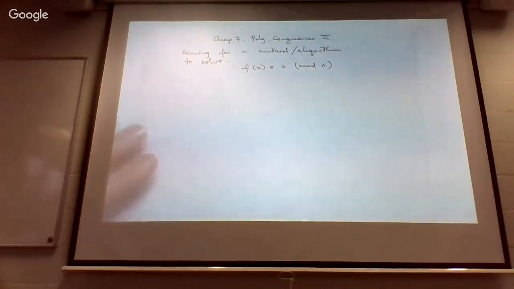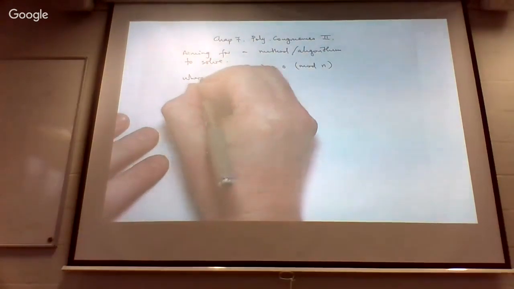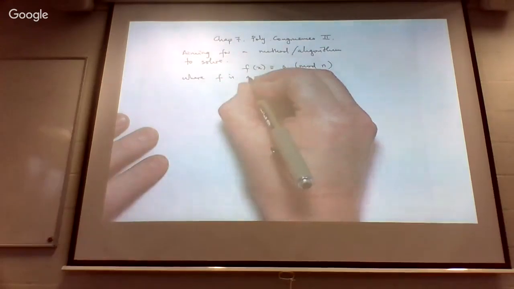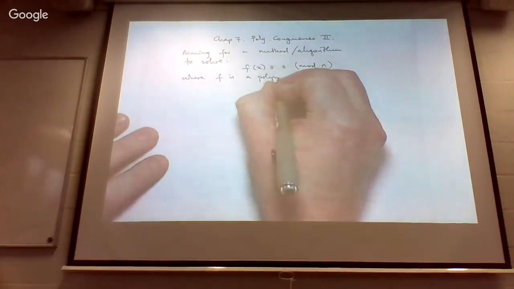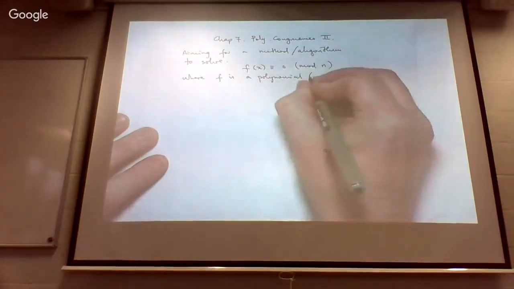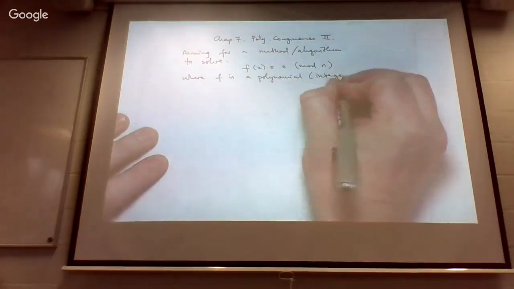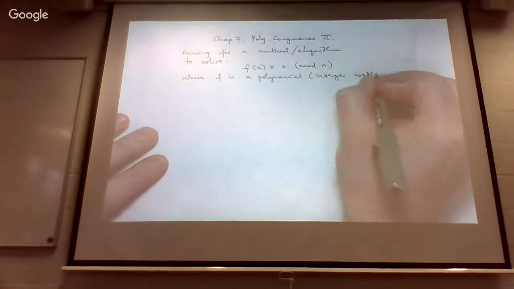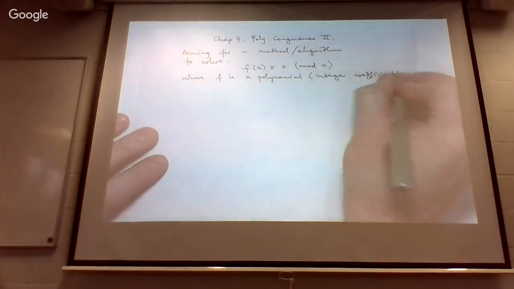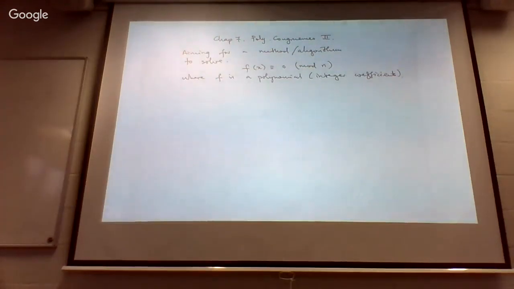Okay, where f is a polynomial with integer coefficients as well. Now the method is going to have a number of different elements to it. Okay?